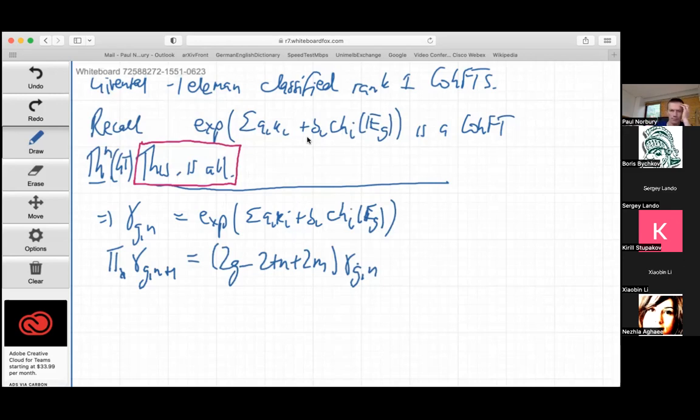And if we are not able to write it in this form, it's not rank 1. But this is exactly what's happening here. This gamma g n has been delivered to us not in this form, so we're now going to try and find them like this. But if you're a cohomological field theory, just these nice restriction properties, this is actually a deep theorem, forces you to look like this.